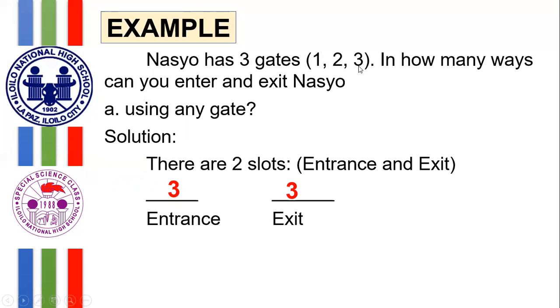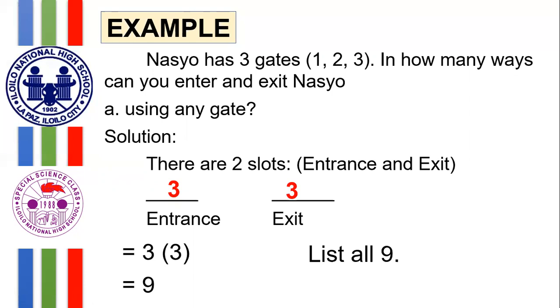That means there are also 3 choices for exit. By the fundamental counting principle, that's 3 times 3, or 9. Meaning, there are 9 possible outcomes, or 9 ways for you to enter and exit Nasyo using its 3 gates and using any gate.